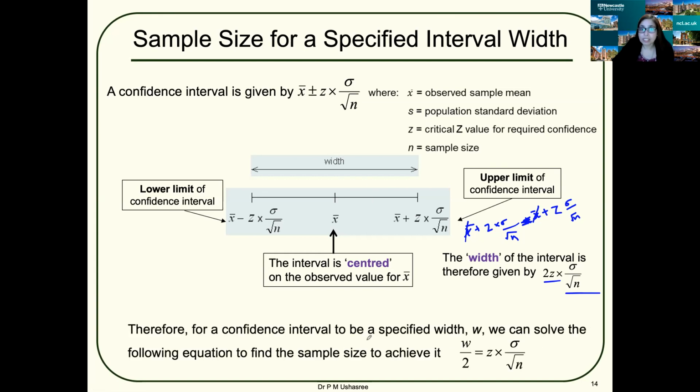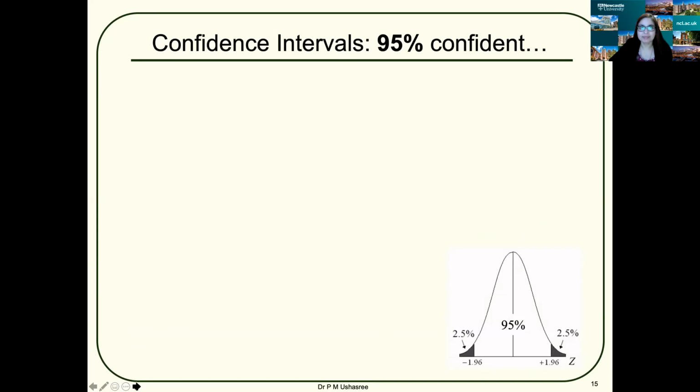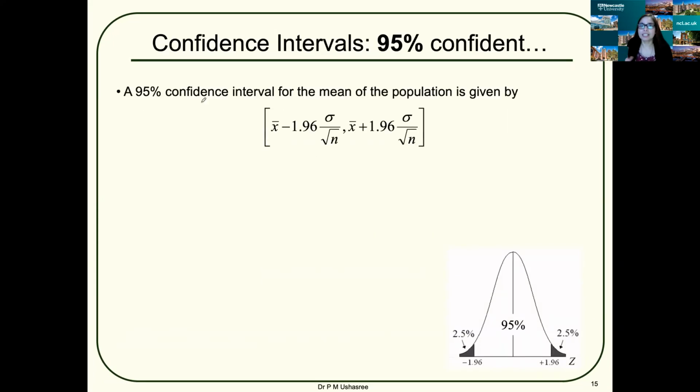So for a confidence interval to be a specified width W, we can solve the following equation to find the sample size to achieve it. If n, the sample size, is unknown, you can use this formula to find the value of n. Okay, so let's summarize it.